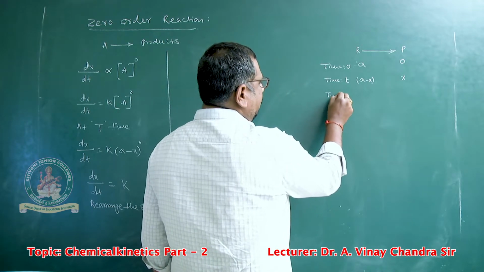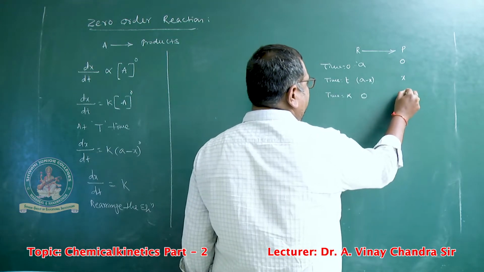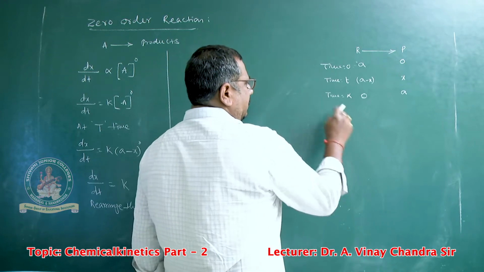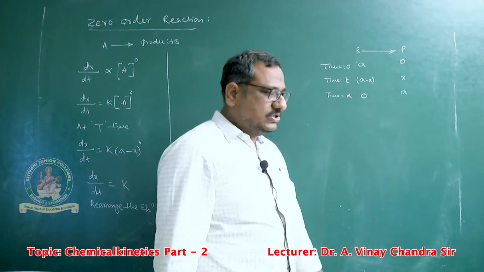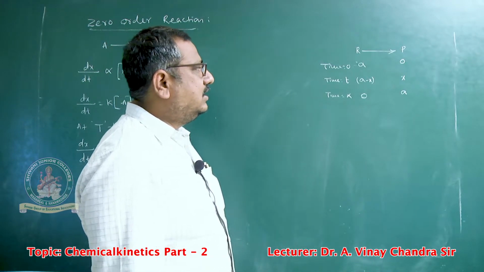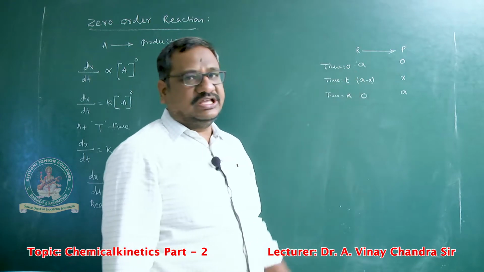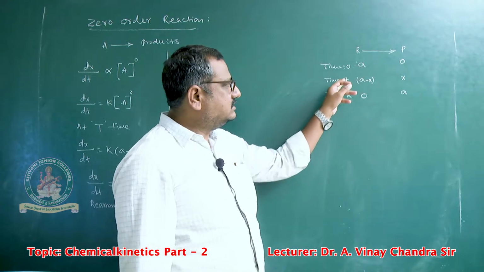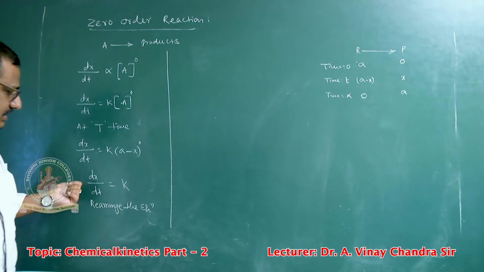At time infinity, reactant concentration is 0 and product concentration is a. Depending upon the time, the concentration is variable. So here there is a relation between concentration and time, and due to this reason the equation is rearranged.